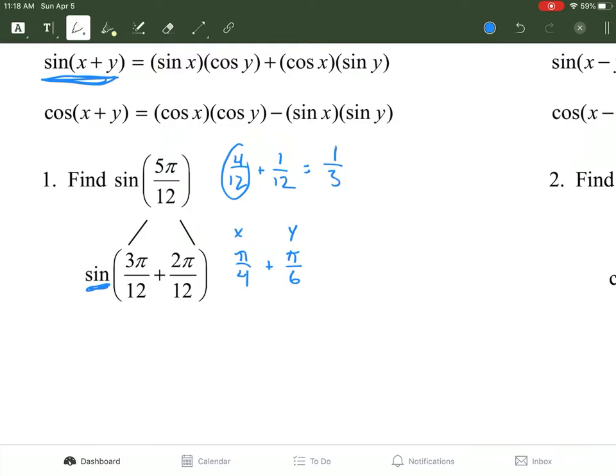So we have sine of x, which is sine of pi over 4, times the cosine of the y value, which is pi over 6, plus the cosine of x, which is cosine of pi over 4, times the sine of y, which is the sine of pi over 6.